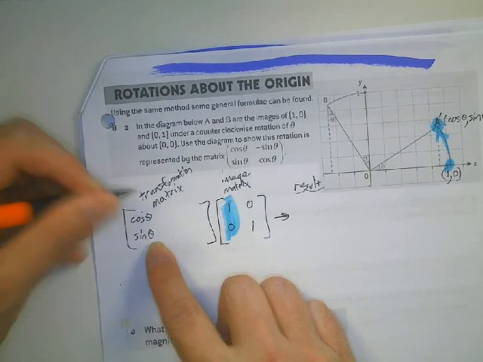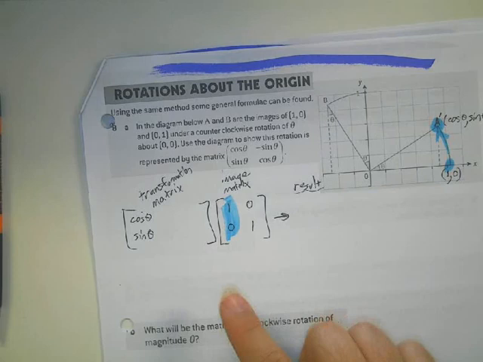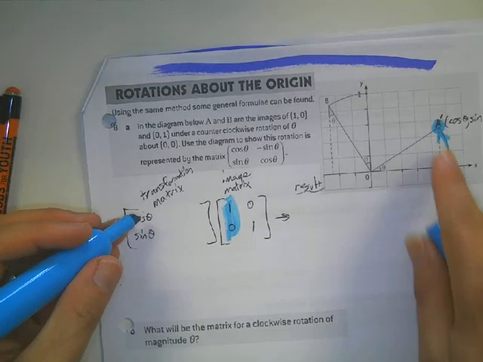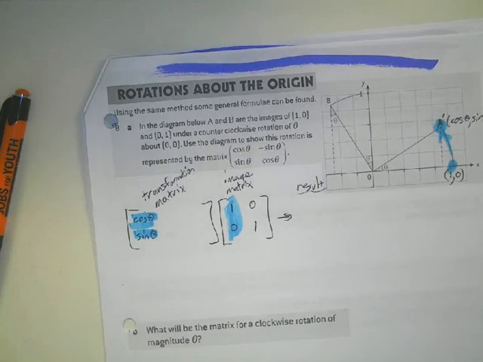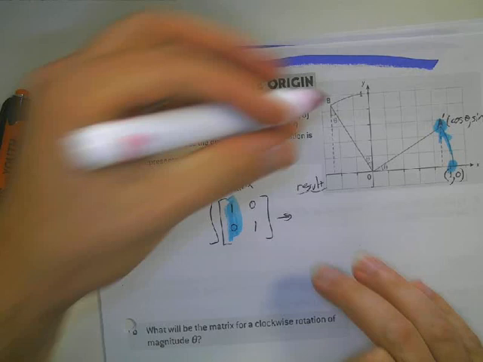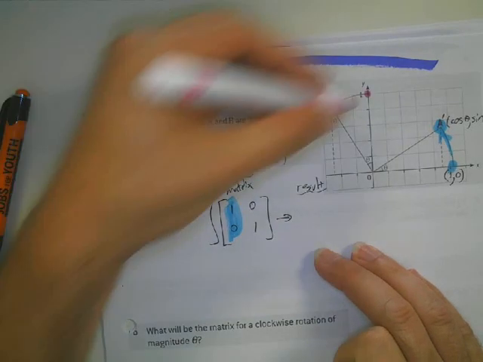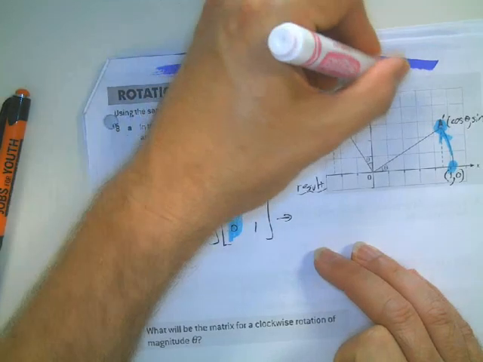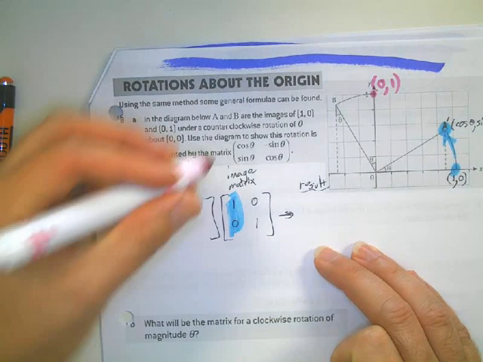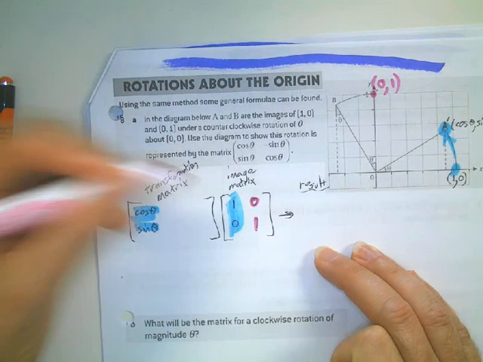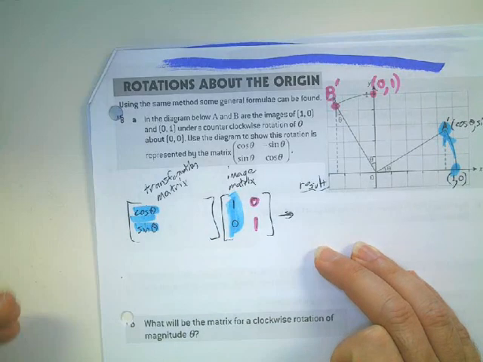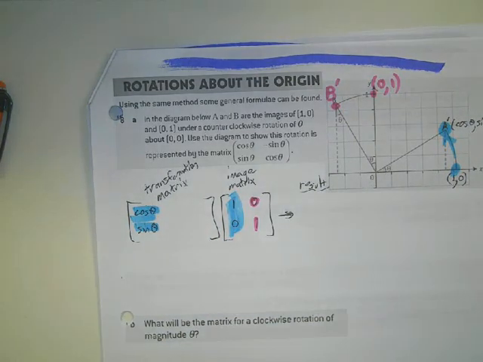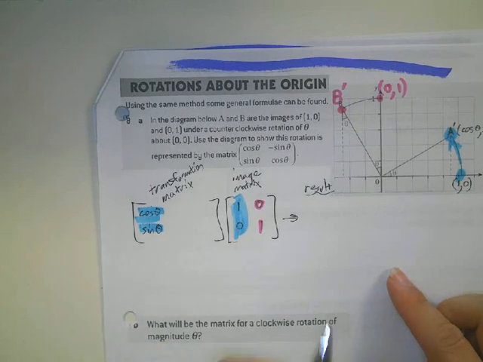So this point transforms to this location. Now this point here, 0, 1, is going to translate to here. Let's call that B prime. So what is this new coordinate?